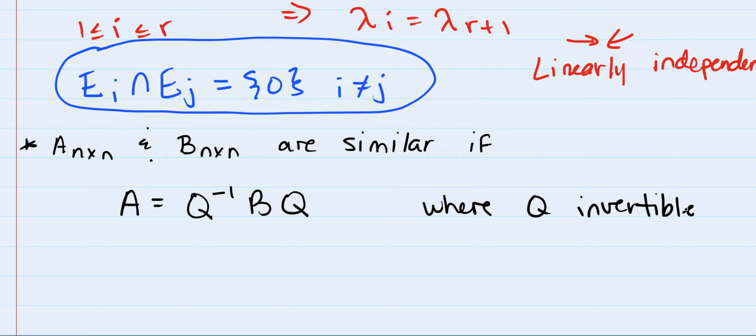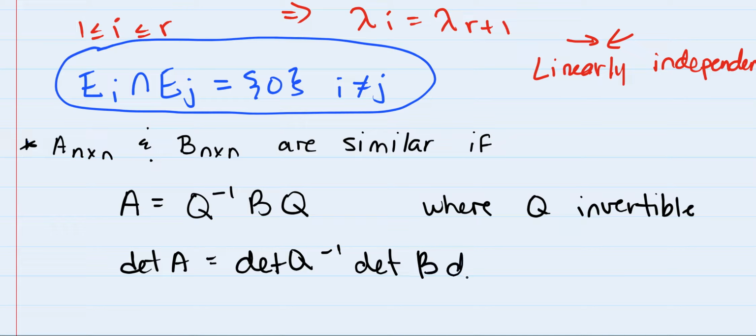And we had a lot of nice properties with similar matrices. One thing is, the determinant of A is the determinant of B, because you can say that the determinant of A is the determinant of Q inverse, determinant of B, determinant of Q, and these two cross out.